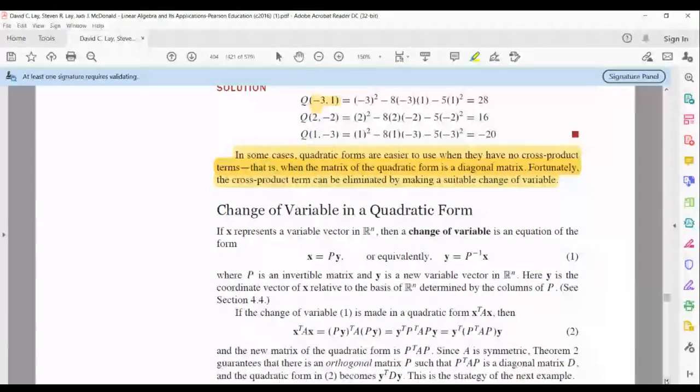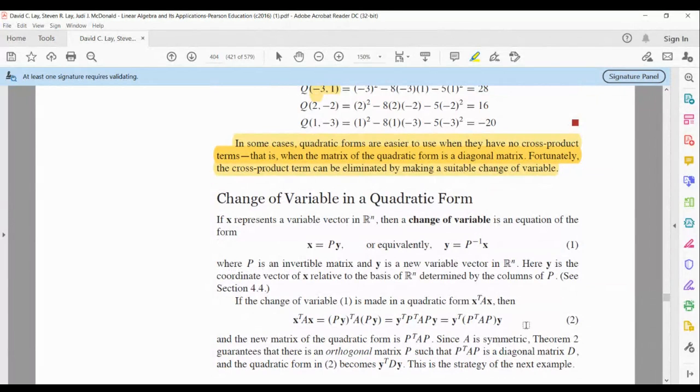You've seen this before. If you make a change of variable, if, for instance, x represents a variable in n-dimensional space, then a change of variable would be x equals P times y, or y equals P inverse times x.